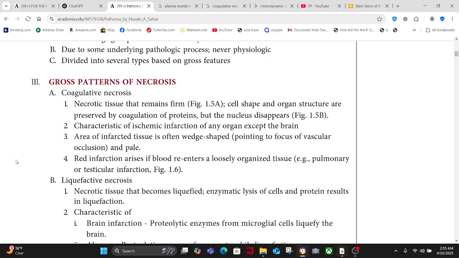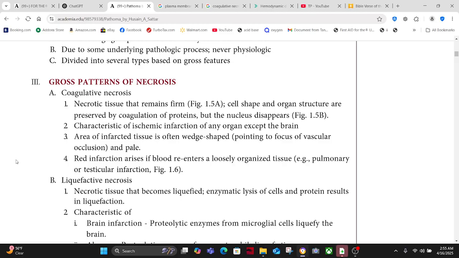Red infarction arises if blood re-enters a loosely organized tissue, like in pulmonary or testicular infarction. Okay, so what this means is, in coagulative necrosis, cells coagulate so tissue retains the shape, but the nucleus disappears. Every organ in the body that undergoes ischemic infarction will exhibit coagulative necrosis except the brain, which we'll get to later.